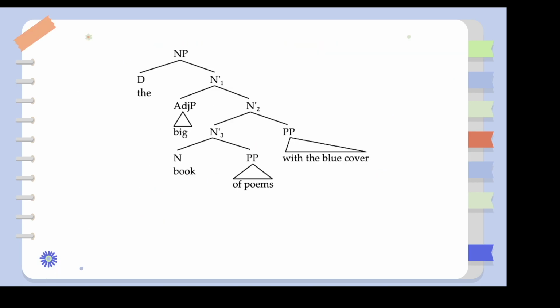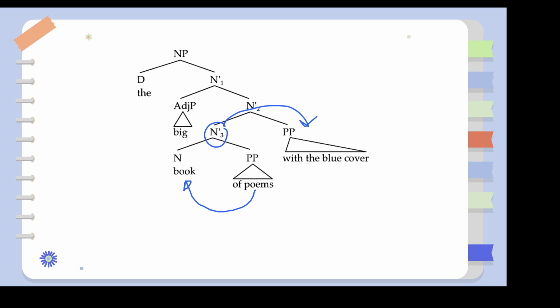So let me introduce you to this one. We call it X-bar theory. It is the theory that we are going to use in this class. As you can see, in this case, when we analyze of poems, it is a structure on the same level as our head, book. And once we have book of poems, we have the whole noun phrase, N-bar, to be attached with the prepositional phrase with the blue covers.